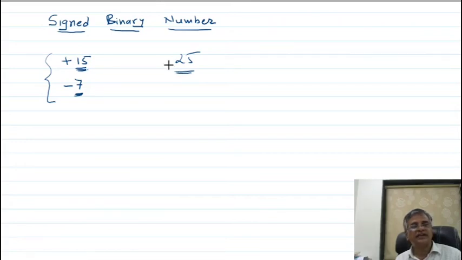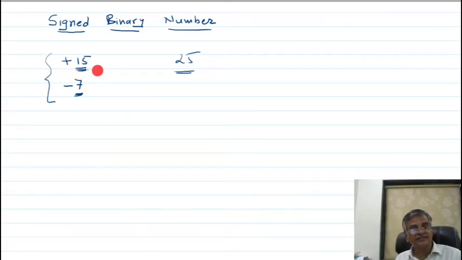So an unsigned number is always taken as positive, and it is not required to mention the sign. But in signed numbers, it is necessary to mention the sign.